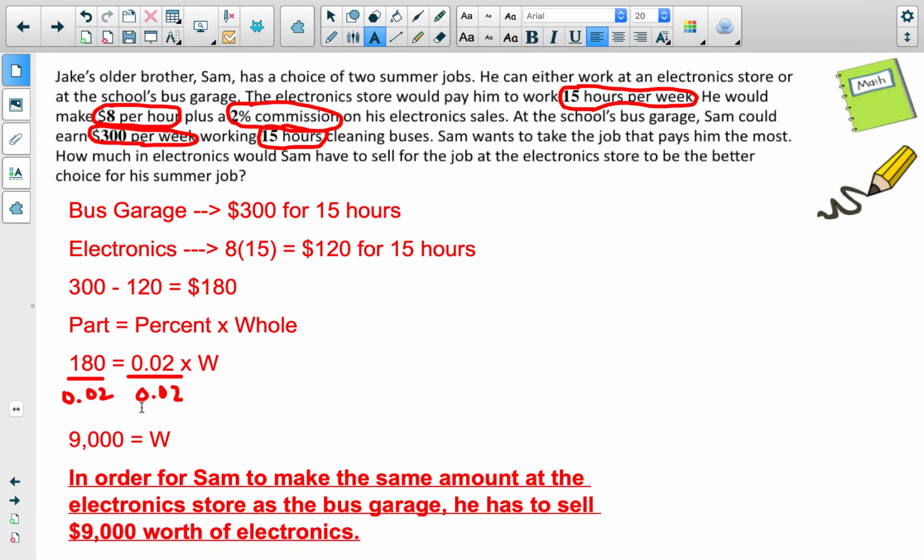But on the flip side, if he sells less than $9,000 per week, he will earn less at the electronics store. So once again, this commission comes down to how well he can sell product. If he feels confident, he should go with the commission job. If he's unconfident, then he should probably go for the bus garage job.